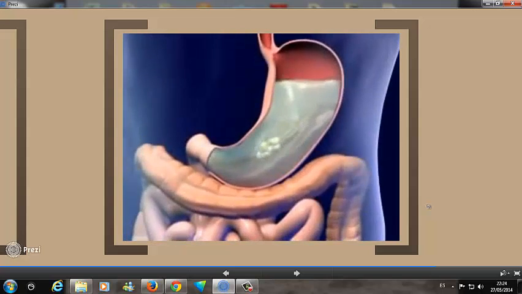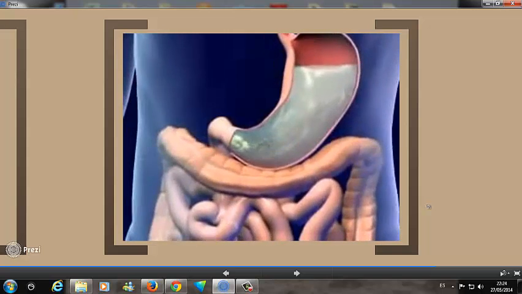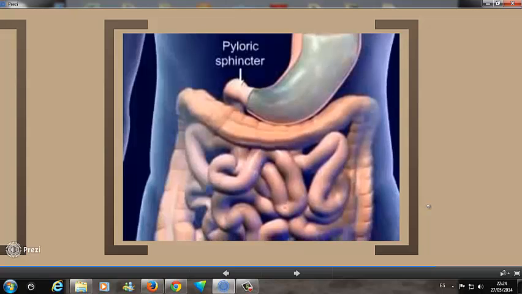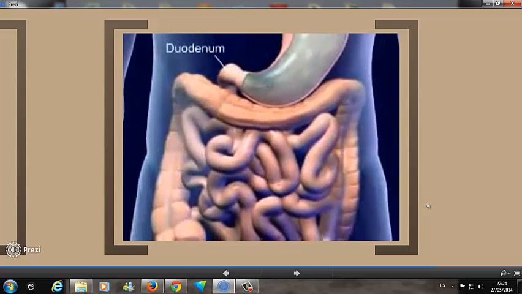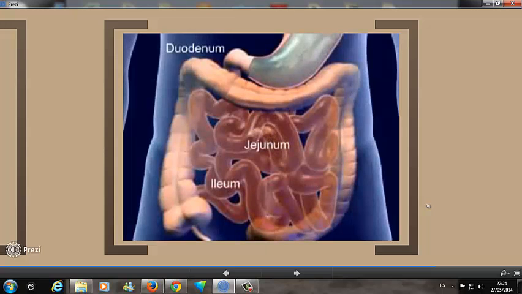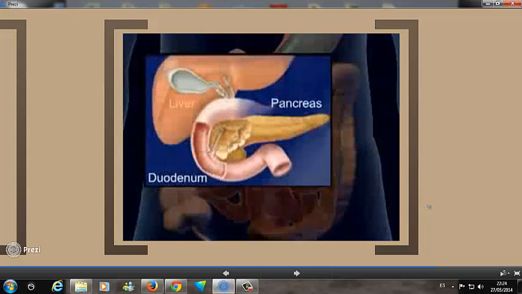The unique muscular structure of the stomach breaks up the food into small pieces called chyme. Chyme exits through the pyloric sphincter into the duodenum of the small intestine. The major portion of absorption and digestion occurs in the small intestine. The mucosa secrete enzymes that supplement the digestive enzymes of the pancreas and liver.